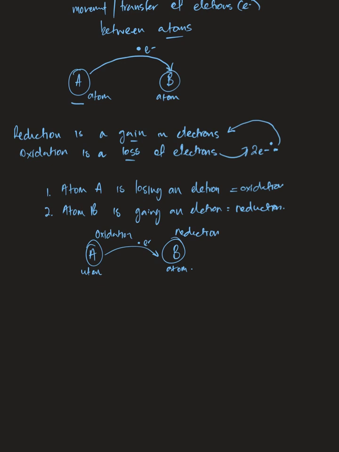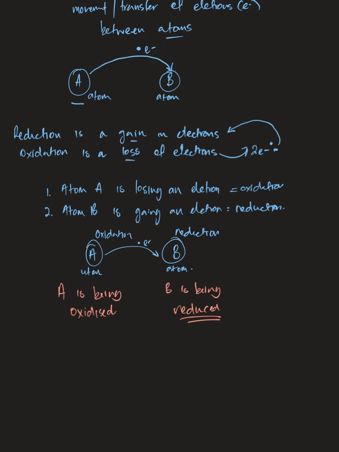We can say that A is being, and we must use the right word, oxidized, and B is being reduced. So if B went and gained an electron, what do we mean by it's being reduced if it's gaining something? And that's the confusing thing, because it doesn't quite fit in. So why does a reduction mean gain? And usually when we say reduced, we mean that it gets less.